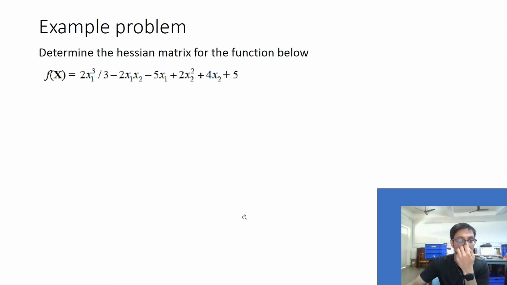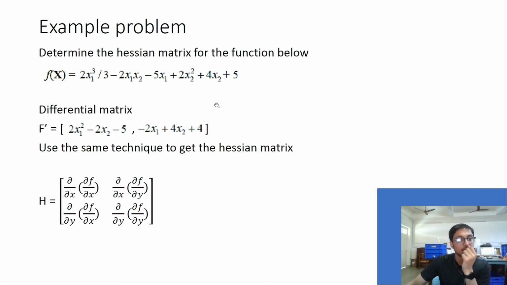Okay, now here is another example problem. We have to determine the Hessian matrix for the function below. So let's calculate. This is the first order differential matrix that we get after differentiating partially with x1.